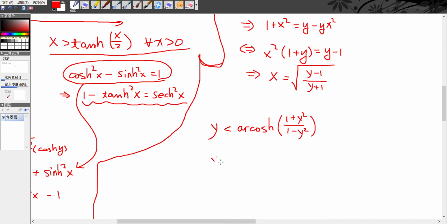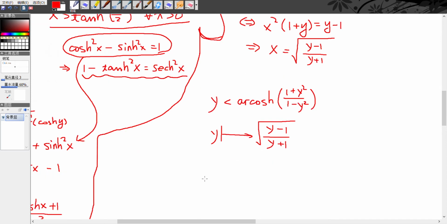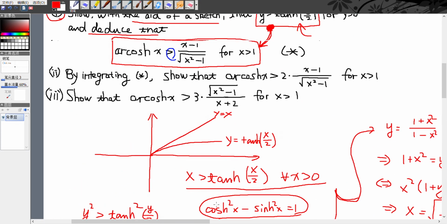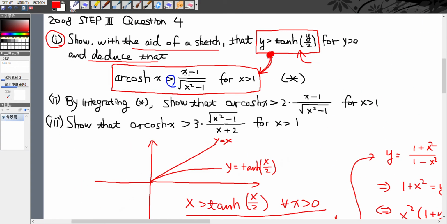And if we send all our y to the square root of (y minus 1) over (y plus 1), we will have arccosh y. So this term is directly sent to y is bigger than the square root of (y minus 1) divided by (y plus 1). But the form we want is actually (x minus 1) over the square root of (x squared minus 1).